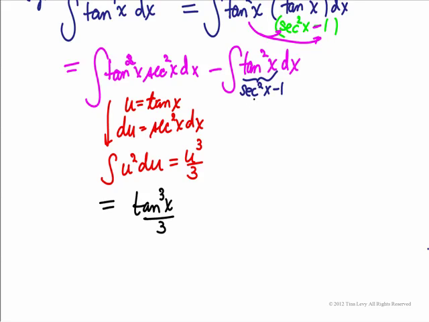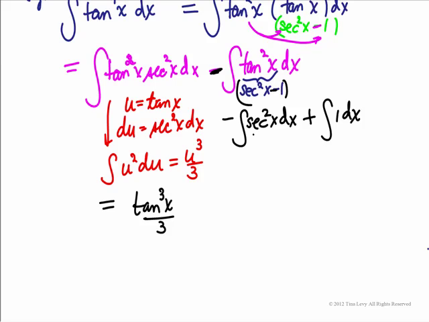And now I'm going to distribute the minus through, and I'm going to get two antiderivatives. So it's minus the antiderivative of secant squared dx, and then we had minus a minus, so it's plus the integral of 1 dx.